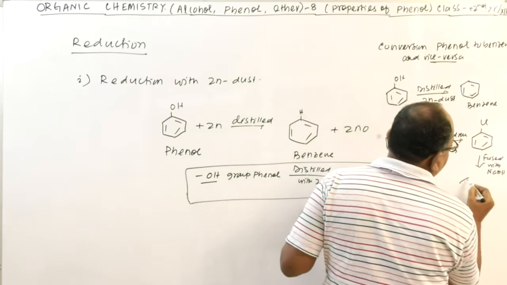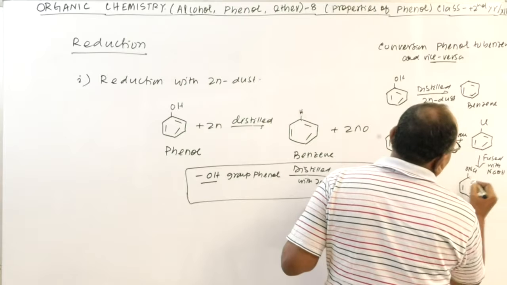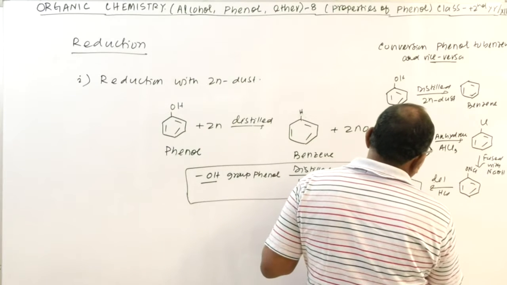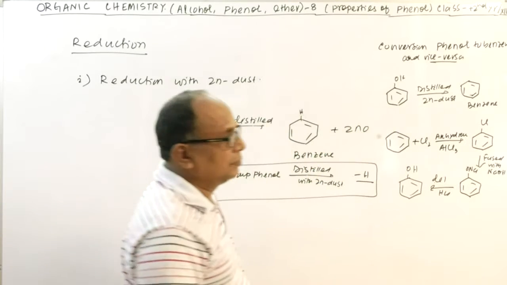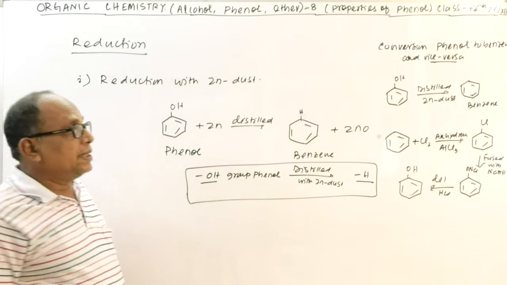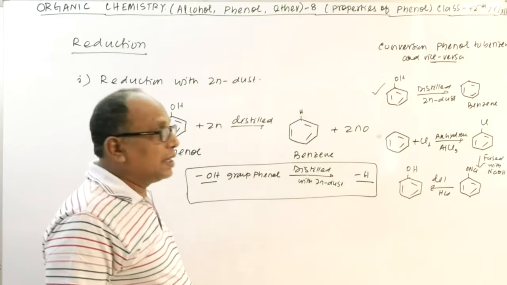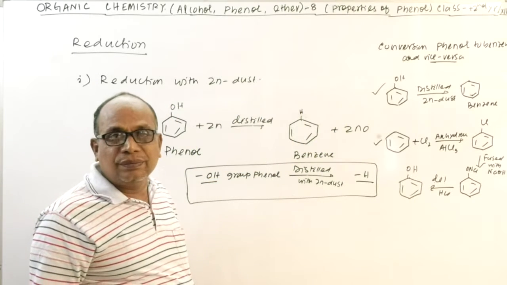It gives you sodium phenoxide. This is treated with dilute HCl. It gives you phenol. And this is the conversion of phenol to benzene, and this is the conversion of benzene to phenol.